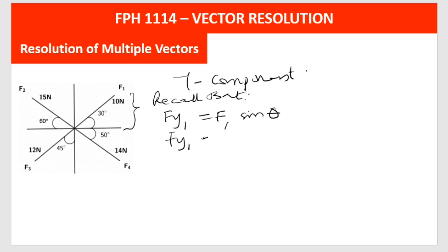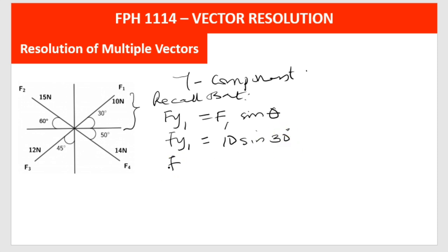So here we have Fy1 equal to the value of F1, which is 10 Newton, times sine of the angle formed to the horizontal, which is 30 degrees.